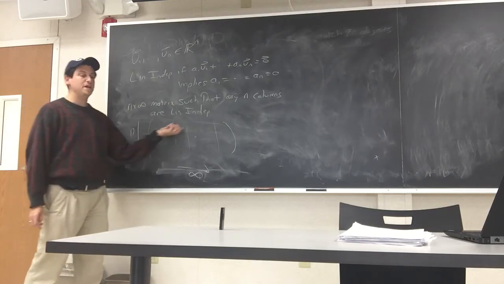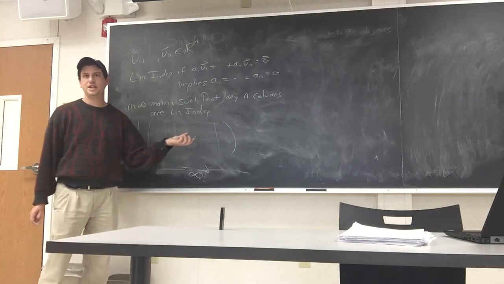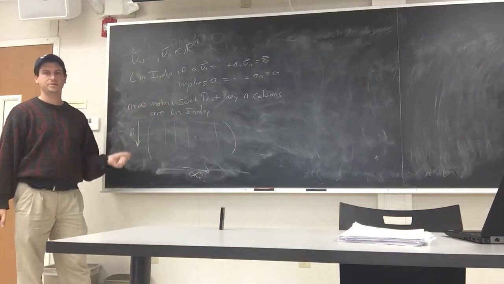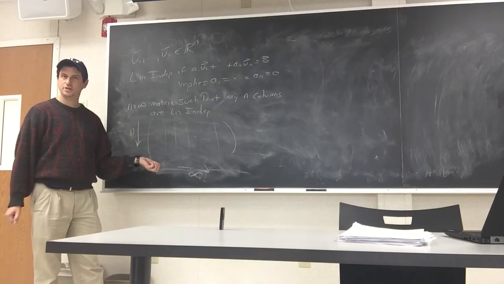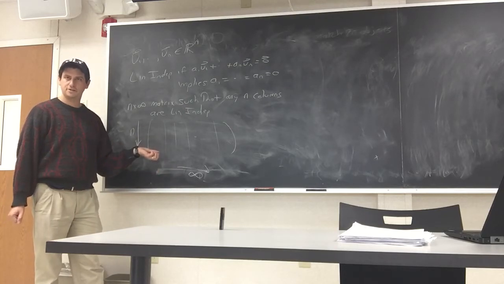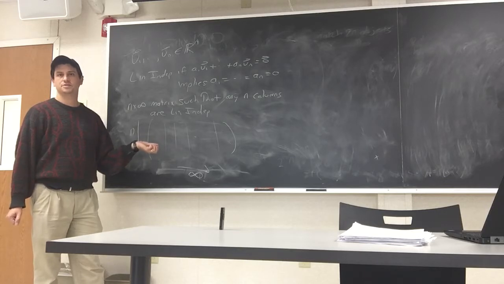I'm not saying that the columns of the matrix are linearly independent. I'm saying whichever n columns you choose, each column has n entries. So you'll get n vectors with n components, and that will give you an n by n submatrix.